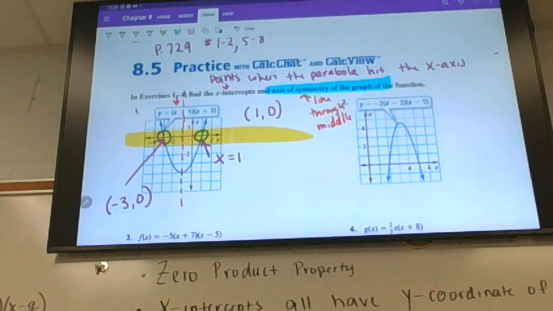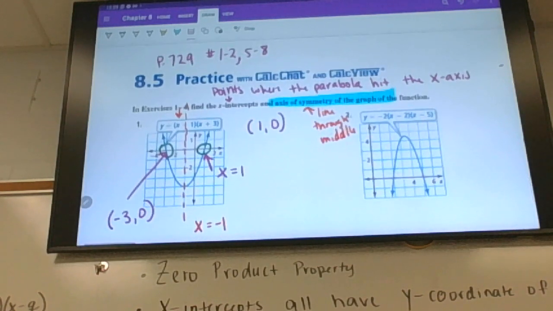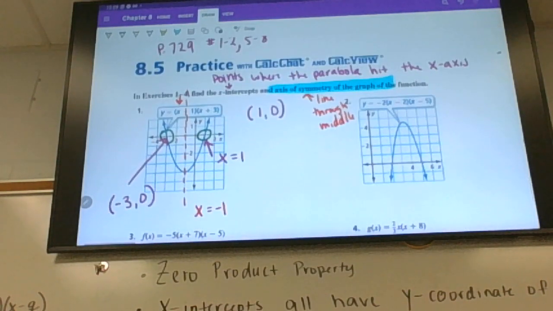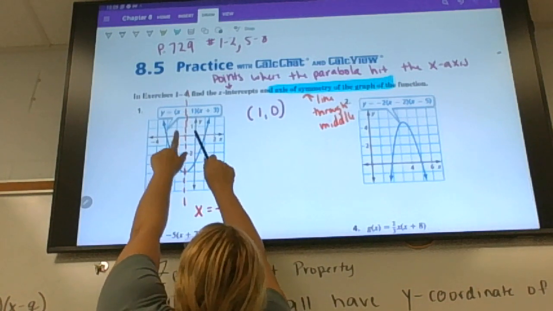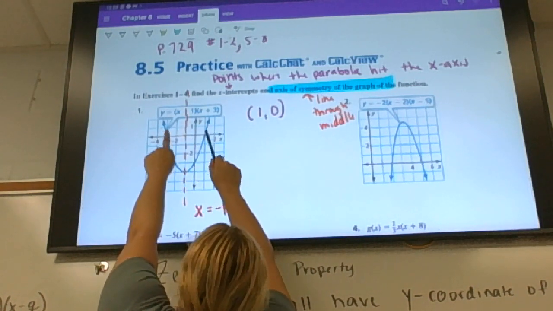I also have to identify where that line is. So it's the x value. It's at x equals negative 1. Now, if the parabola wasn't there, I could still find the middle of the points because you just count inward till you're right at the center.